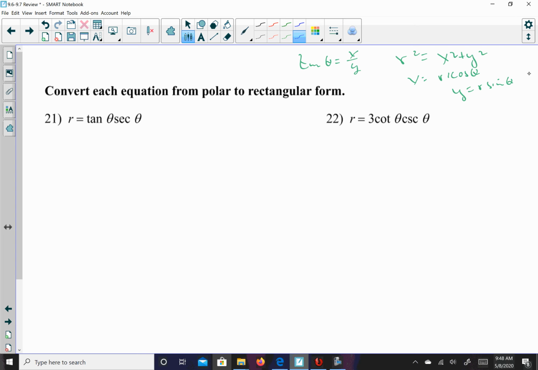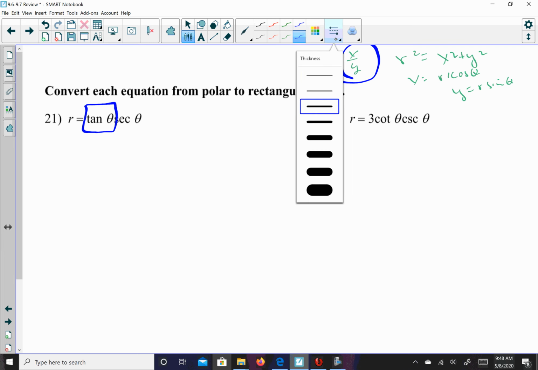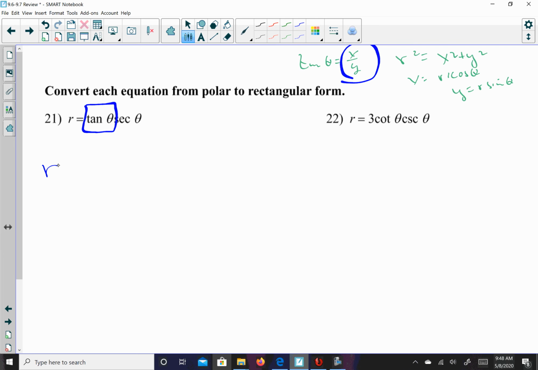So when I have this one, the goal is to get rid of the r's and the thetas and replace them with x's and y's. So the first thing I see is this tangent of theta. Tangent of theta I know is equal to y over x. So I'm going to start by writing that. And then secant, can I make it 1 over cosine theta? Because that's what secant is.